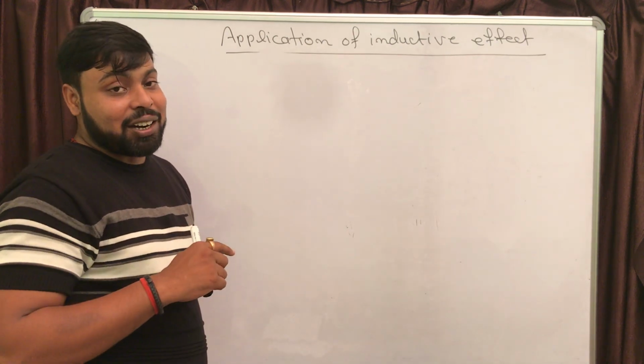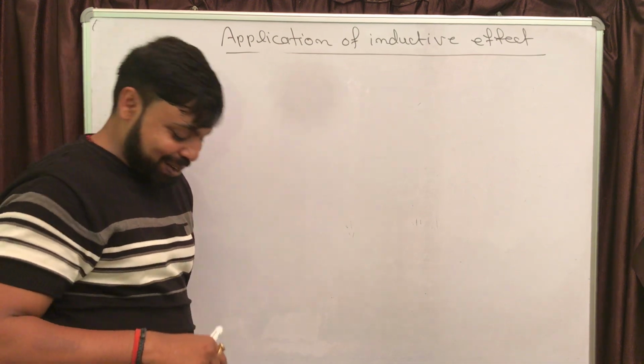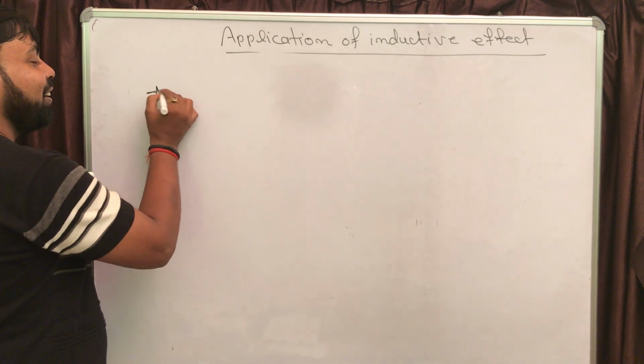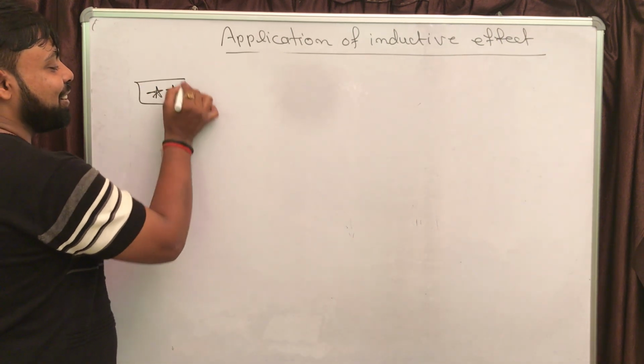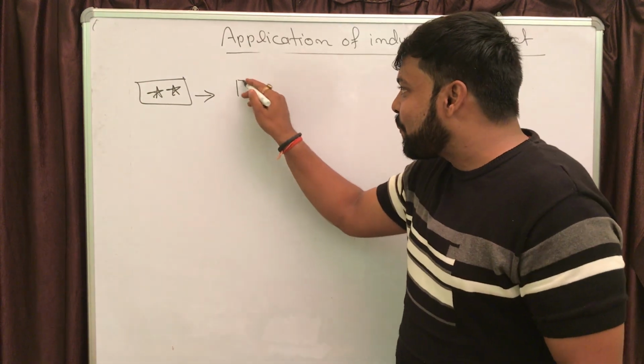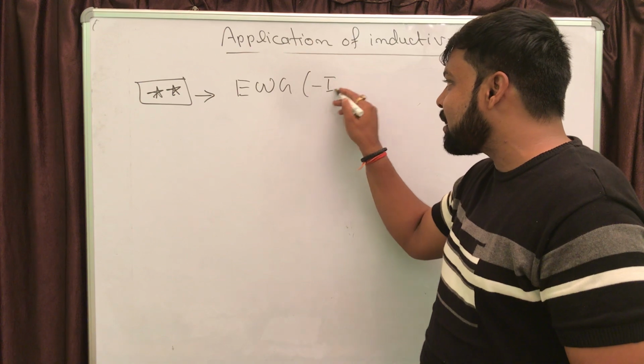In case of carbocation, NO2 attached carbocation was less stable. I can say one thing. Conclusion is, key point to solve the question is electron withdrawing group, or you can say minus I group.